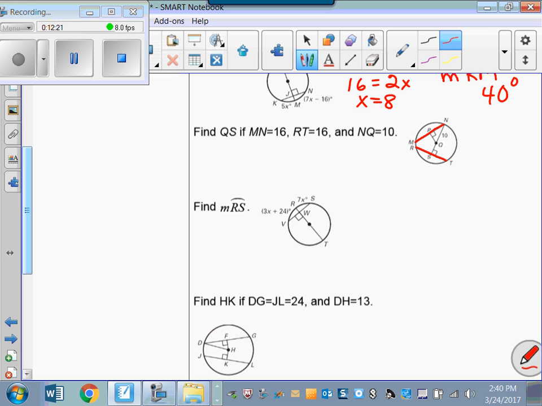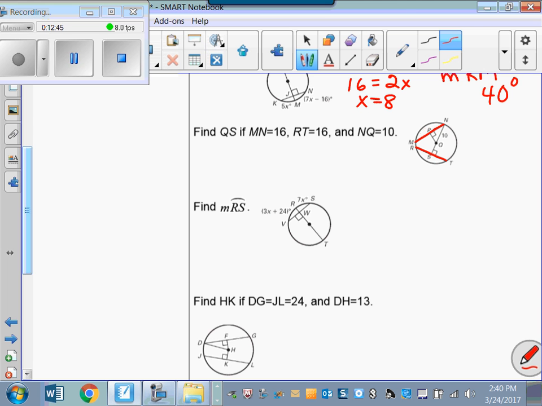And let's see, NQ equals 10. Okay, that's a radius. If I look at NS and extended it, that would be a diameter, so I know that it bisects RT. Let me think what I'm trying to figure out here.